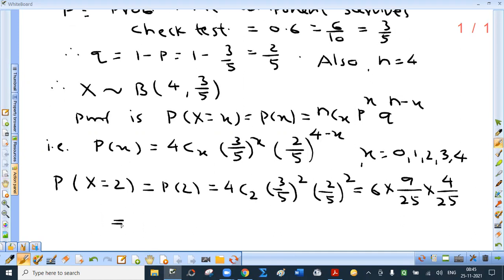So it will be what? 6 into 9 into 4, so 216 upon 625. If you convert it into decimal, then tell me what will be the answer in decimal. It is going to be a terminating one. 0.3456.